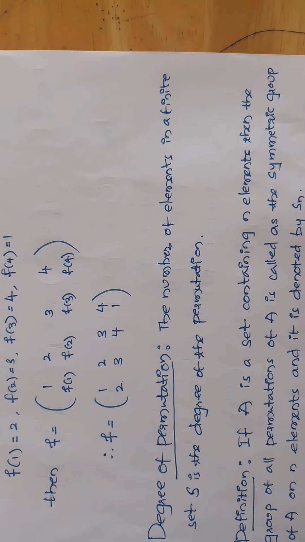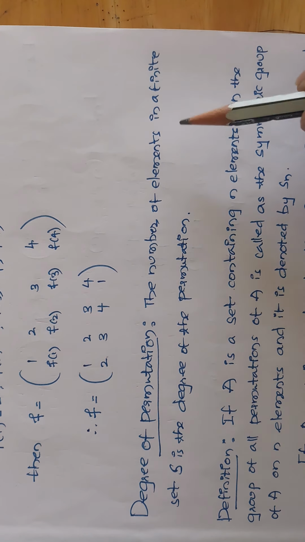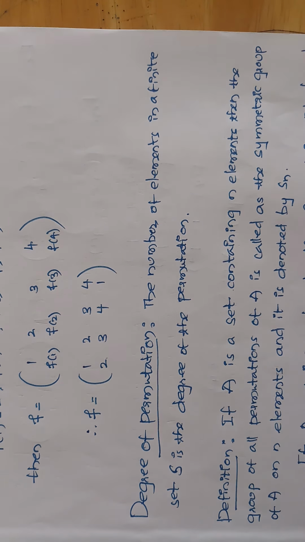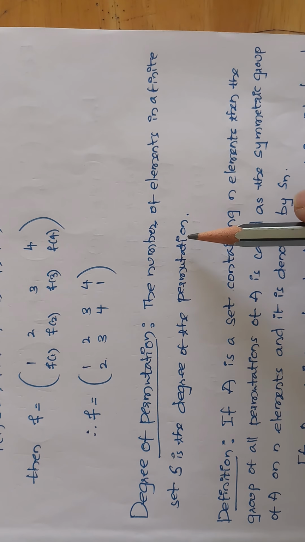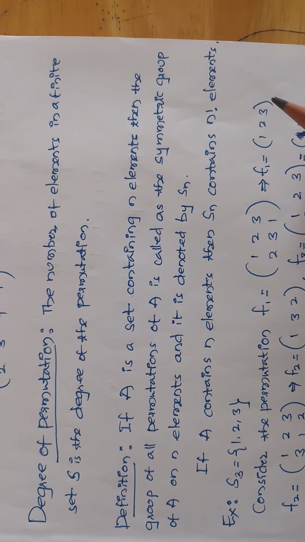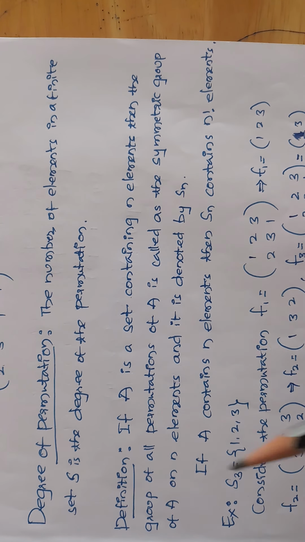Degree of a permutation: the number of elements in a finite set S is called the degree of the permutation. Next, the definition of symmetric group.